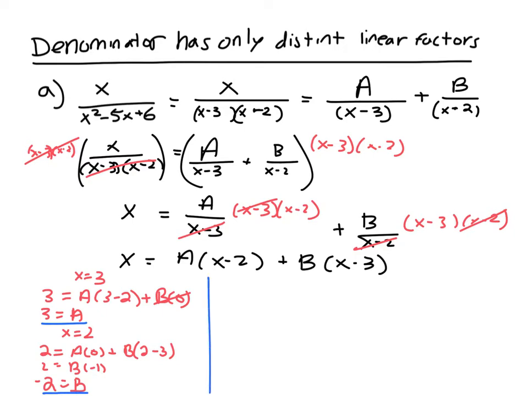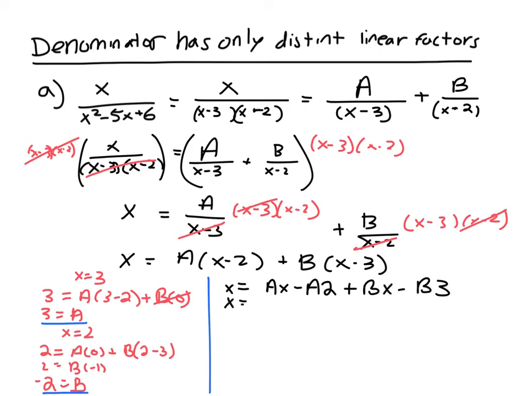The other way I could find what A and B are, and I'm going to explain both ways, is to continue this work here: distribute the A and B and combine like terms. So I'll have Ax - 2A plus Bx - 3B.